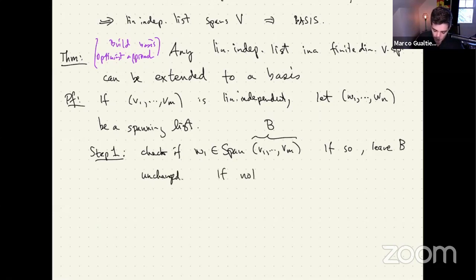If not, just append W1 into the list. So now the new B is going to be V1 up to Vm and W1. So I've lengthened the list by 1.